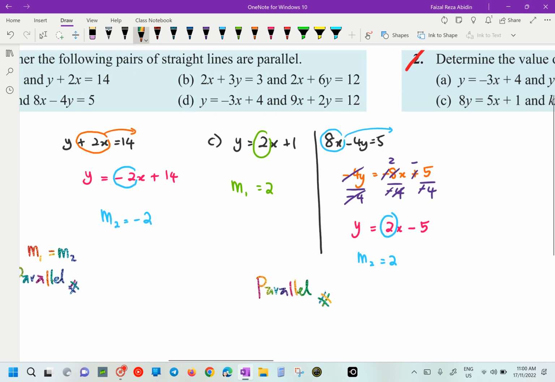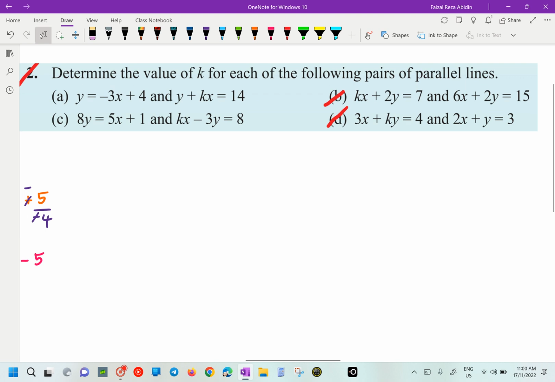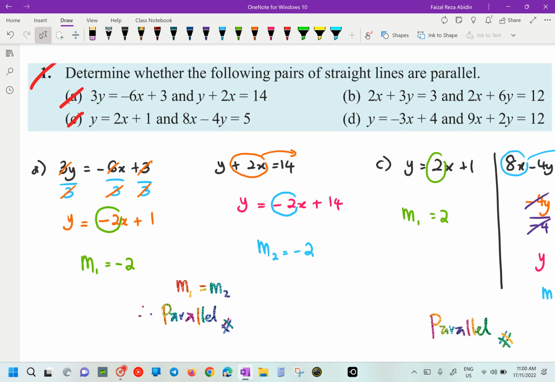Okay. We move to number 2. Determine the value of K for each of the following pair of, say over here, it is a parallel line. Just now, number 1, we only want to determine, isn't it?